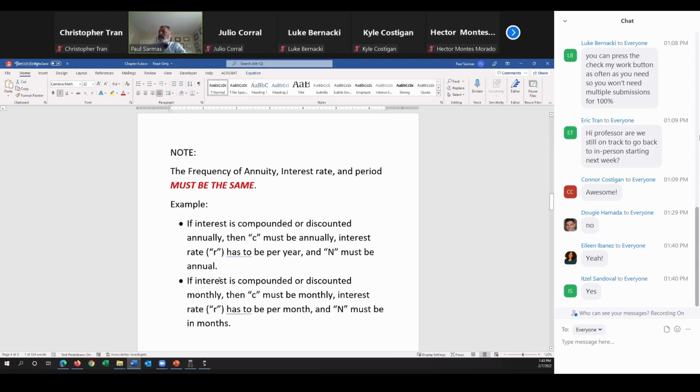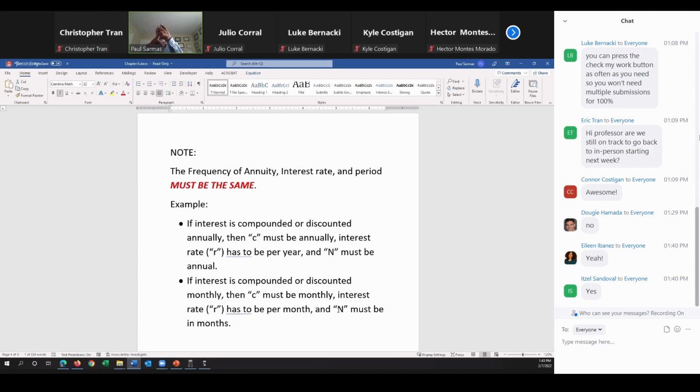If the interest is compounded monthly, that is R is per month, then your annuity C has to be per month, and T or N has to be per month. So if interest is compounded monthly, make sure your C is per month.